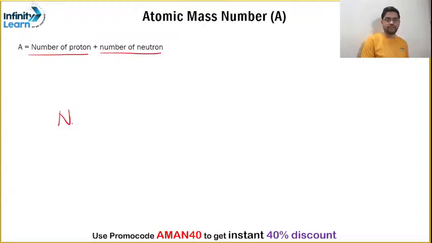Now talking about atomic mass number, it is the number of protons plus the number of neutrons. Like again, nitrogen 7, 14. So can I say that A is equal to proton plus neutron?